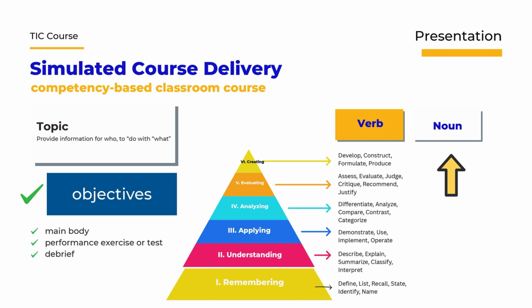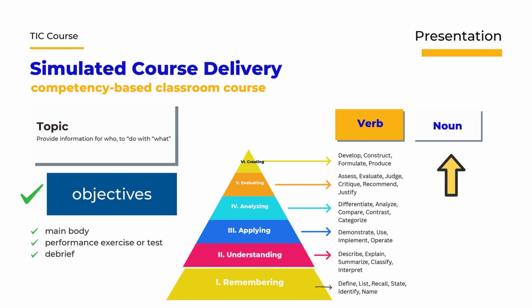Let's see some examples of how you can combine verb plus noun into a learning objective. Level 1, Remembering, identify the ICAO dangerous goods checklist. Level 2, Understanding, explain the purpose of Annex 18 for air cargo safety. Level 3, Applying, demonstrate the correct use of VHF frequency allocation. Level 4, Analyzing, compare two different PBN procedure designs.